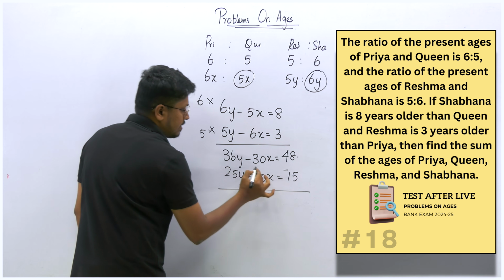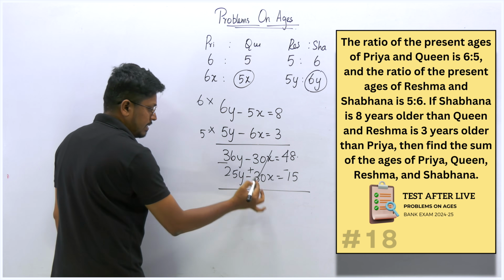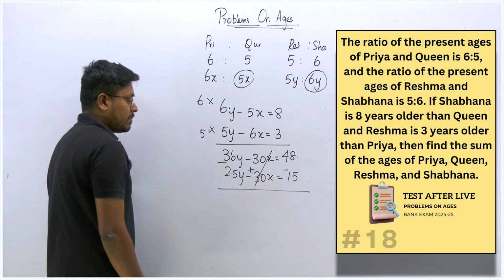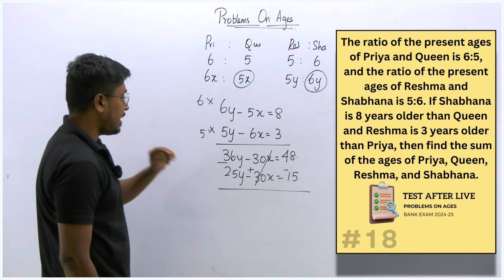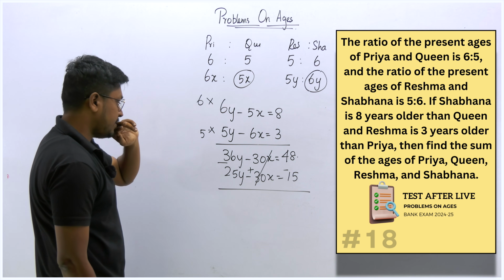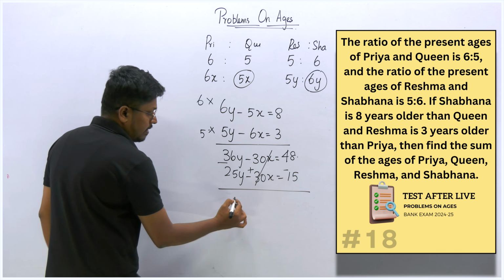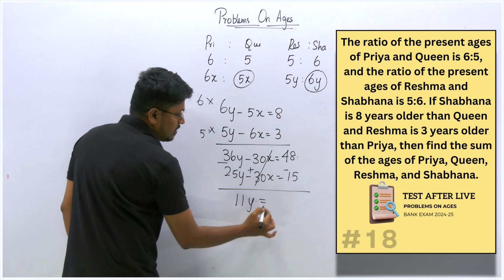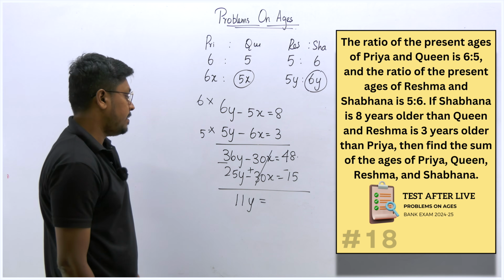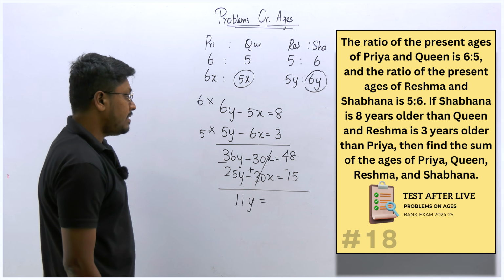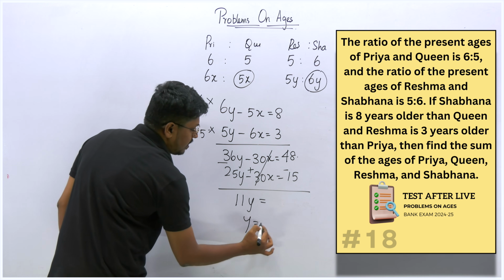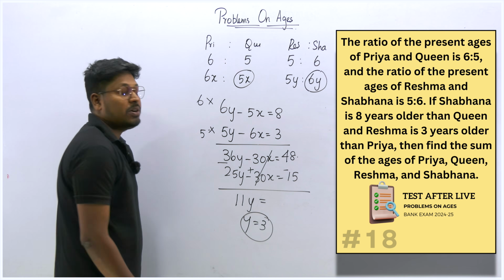Now minus, plus, minus, cancel x and x. So this will be 36 minus 25, which is 11. So 11y is equal to 48 minus 15, which is 33. So y is equal to 3. We got the answer, y is equal to 3.